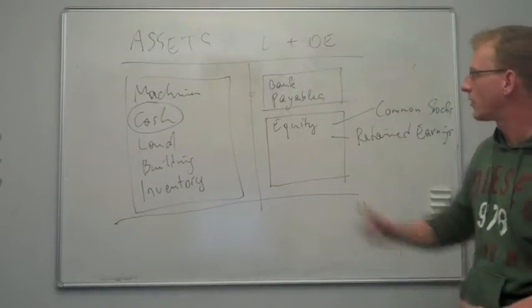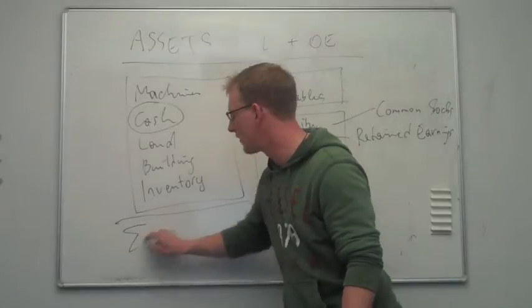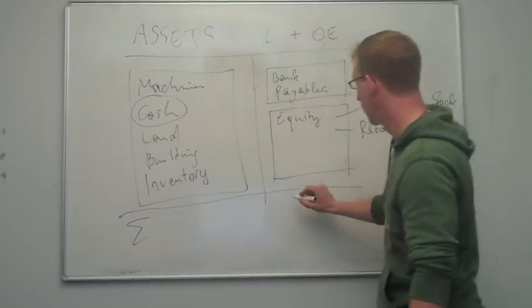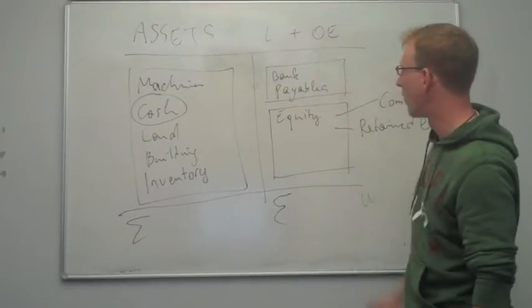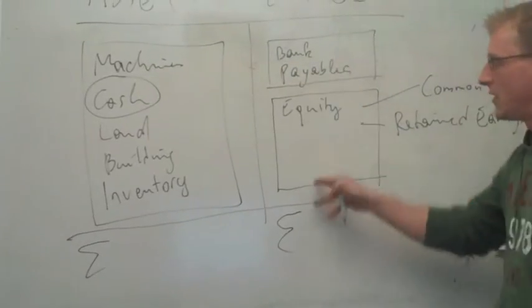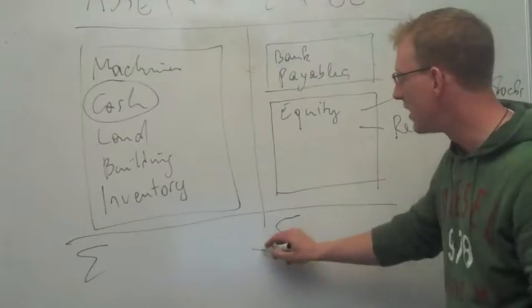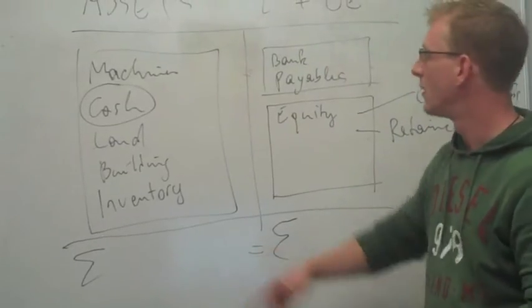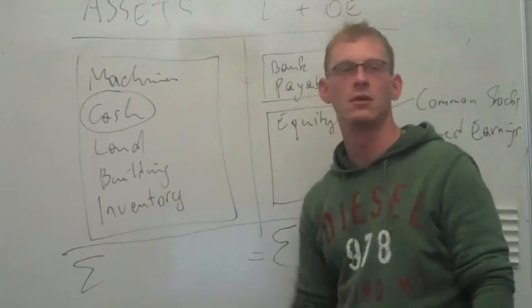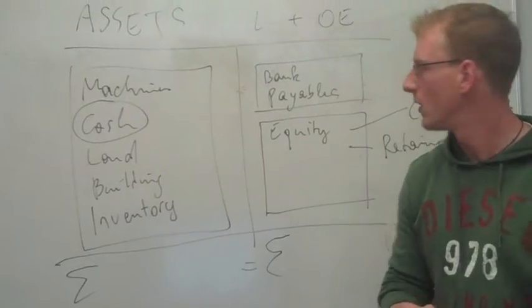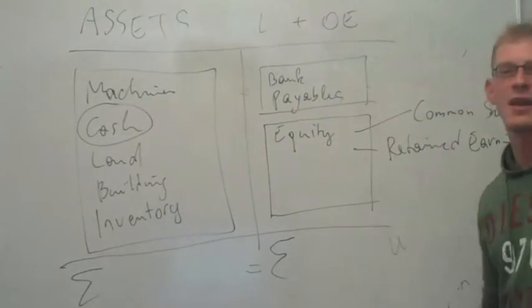Last thing to point out: if you calculate the total of all your assets and the total of all your liabilities and owner's equity, we call it the balance sheet total, and it has to be equal for a very simple reason. The assets are all the stuff the company owns, and the other side is where the money comes from.